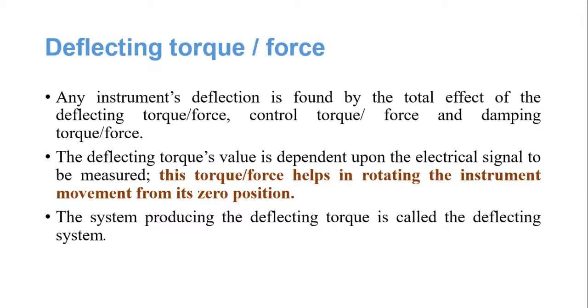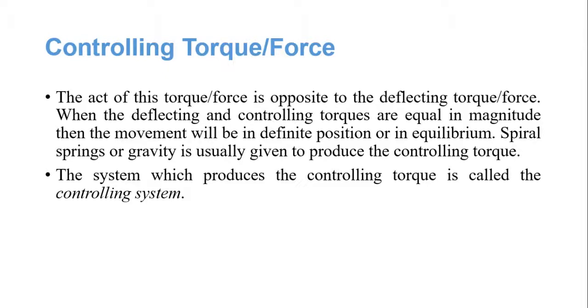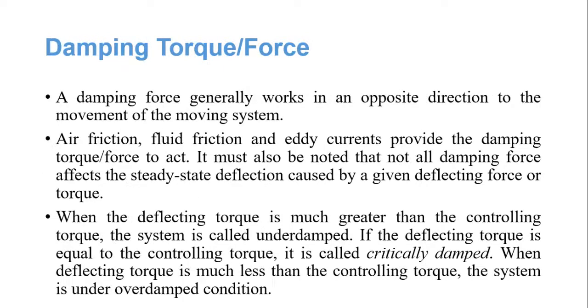So the deflecting torque is the torque which helps in rotating the instrument from its zero position. The controlling torque is produced by the control system. Damping torque, the most important thing. As far as damping torque is concerned, it generally works in the opposite direction of the moving system.